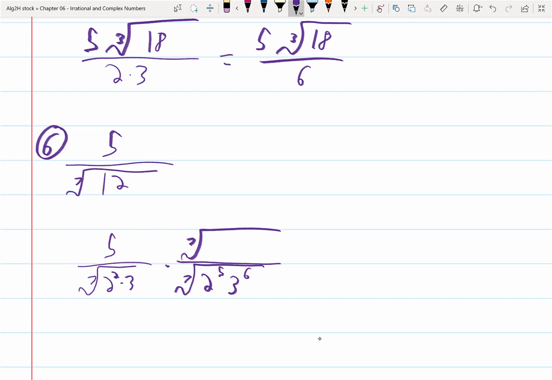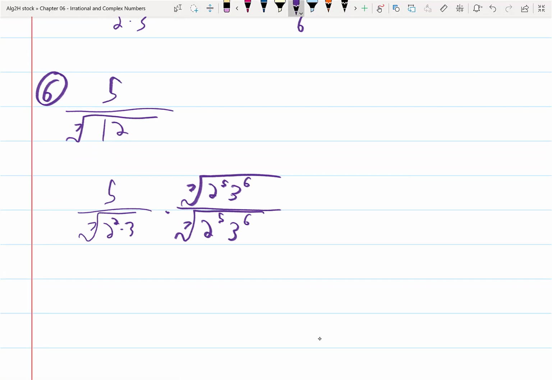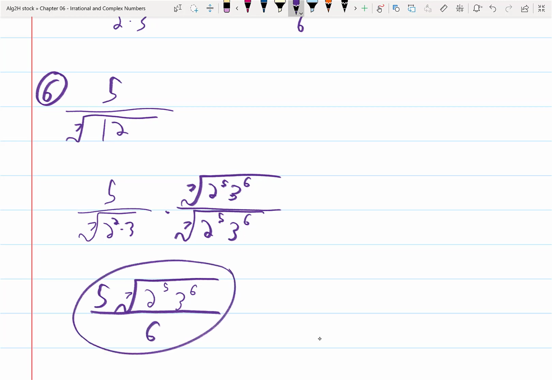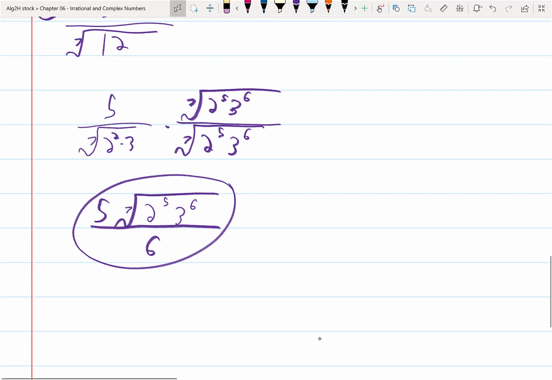Numerator, I would need 5 more 2's and 6 more 3's, because whatever I multiply the denominator by, I'm going to multiply the numerator by. When I clean the numerator up, we're just going to leave it like this because 2 to the 5th and 3 to the 6th are going to be large numbers, and there's no real need to multiply that out. But the denominator is going to come out as a 2 and a 3, which multiplies together to become 6. So that would be a simplified form for that one.